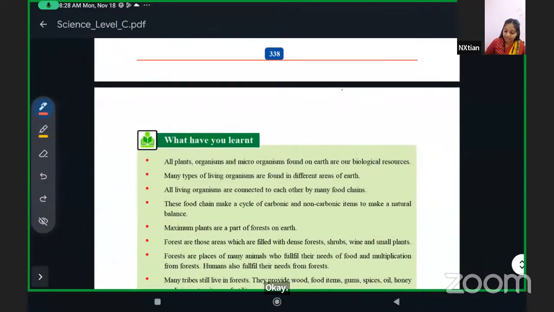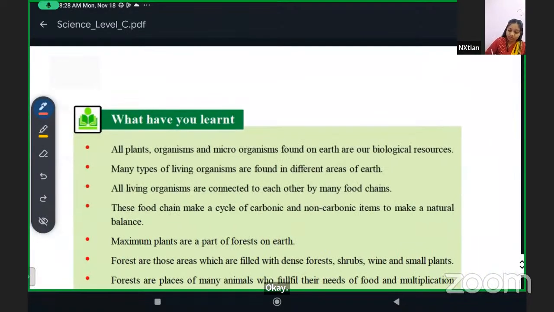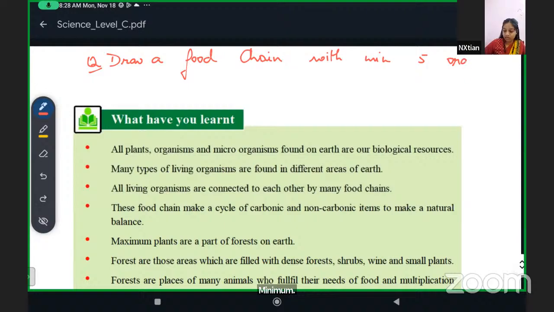Two things for you all to try out. Food chain with a minimum of 5 organisms. And then please do one more.